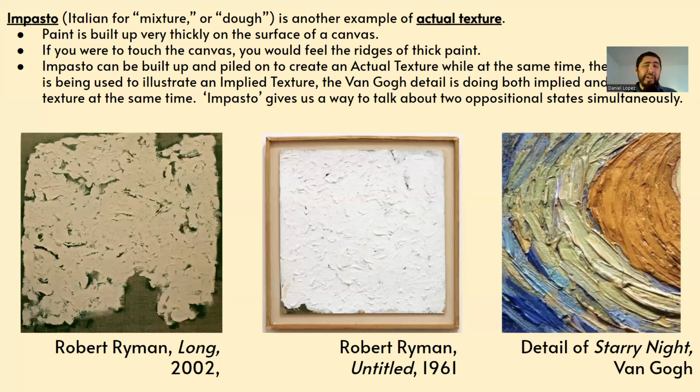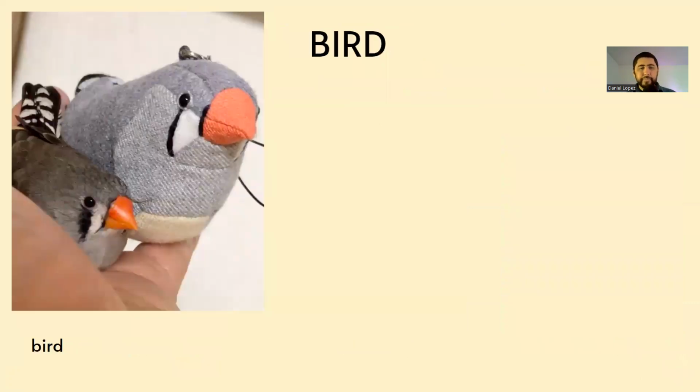So it's both implied and actual texture, whereas these are abstract pieces, and there's physical texture there. And we know this because the lighting produces shadows here, which is important to this. And we'll talk about Robert Ryman, kind of. Basically, we'll talk about white paintings later this term.